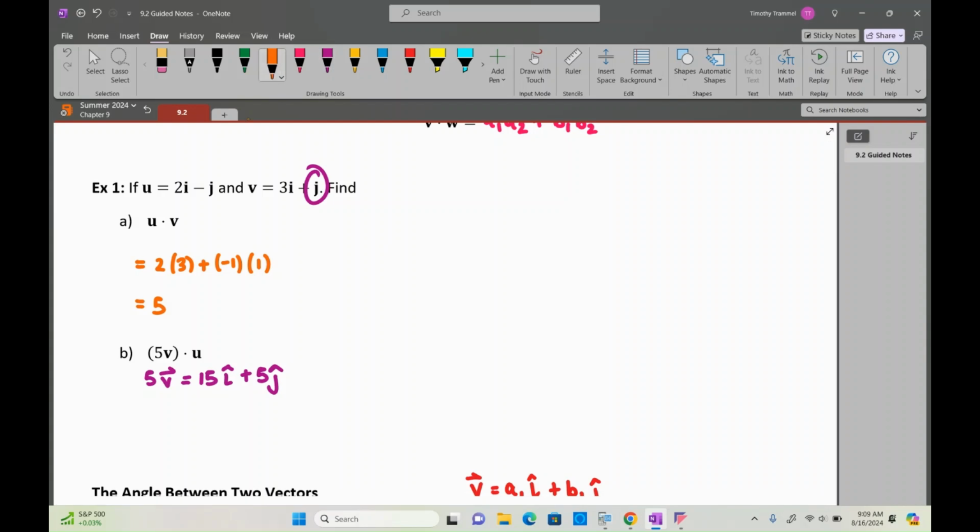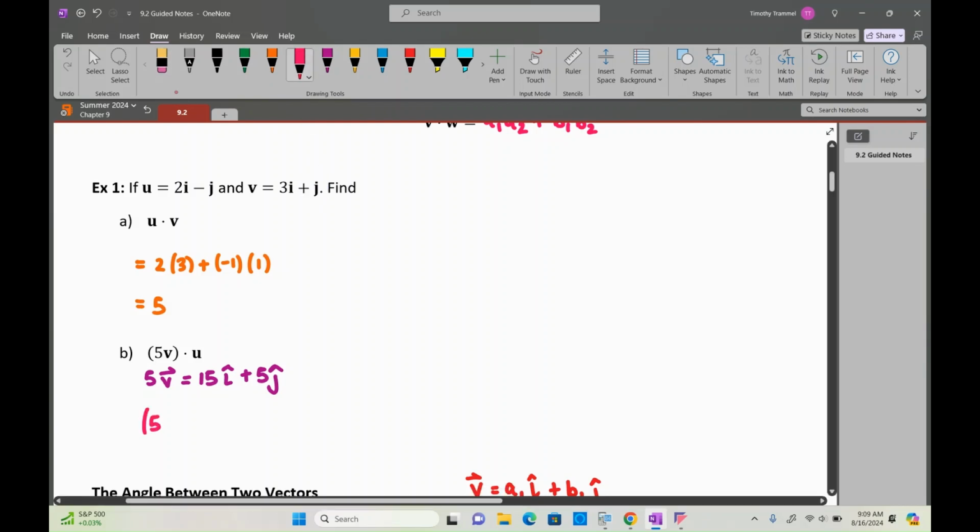Okay. So let's write in our work here for that. So I have this 15 that I need to multiply with this 2 up here. So it's going to give me a 30. All right.